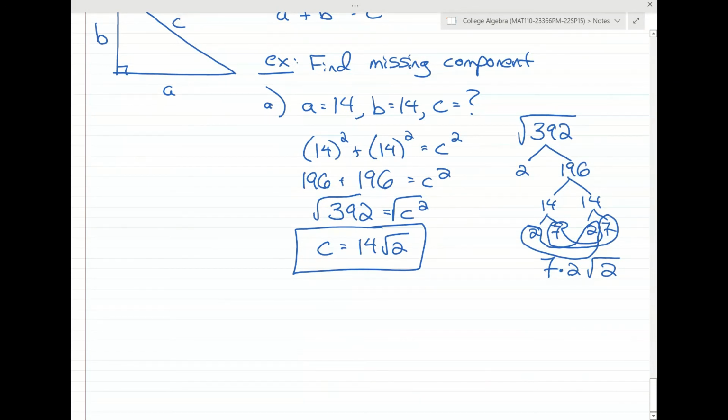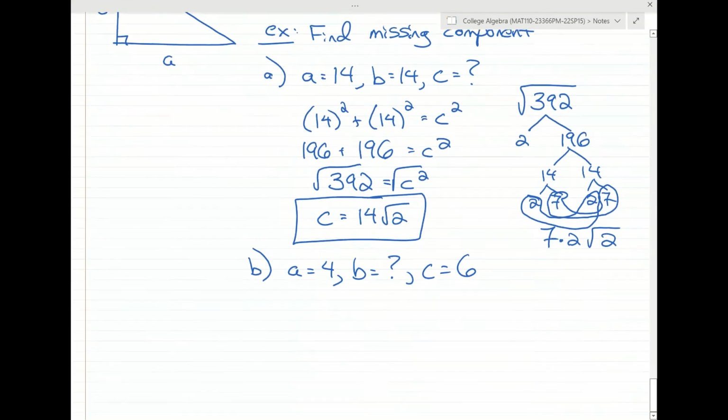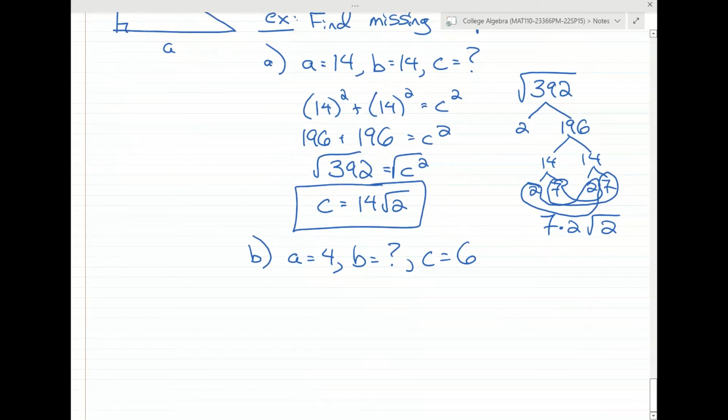One more with Pythagorean theorem would be if A is equal to 4, we don't know what B is, and C is equal to 6. Using Pythagorean theorem to plug these in, 4 squared plus, we don't know what B is, we'll just call it B squared, is equal to C squared.